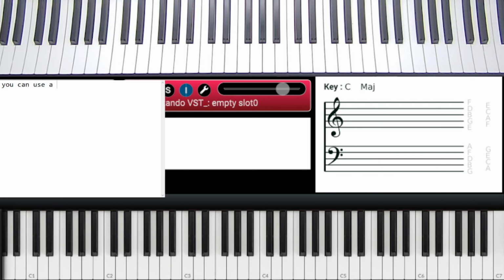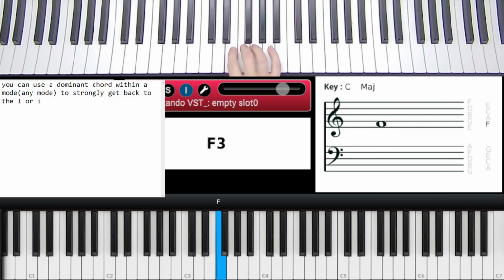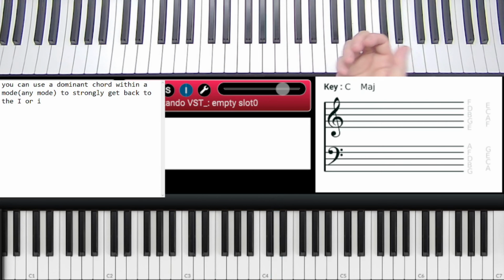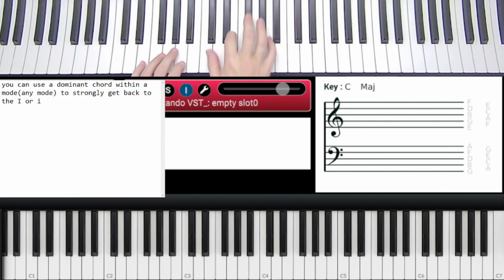That kind of fell into the concept of chain modulation, which we haven't covered yet. You could use a dominant chord within a mode to tonicize the 1 of that mode for a strong cadence to return to the 1. Just like in natural minor, you could use the raised third 5 to get back to 1. So we'll do D Dorian, okay? And what's the raised third 5 of D Dorian?